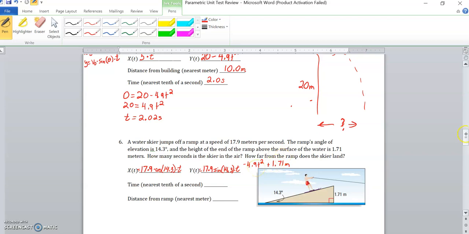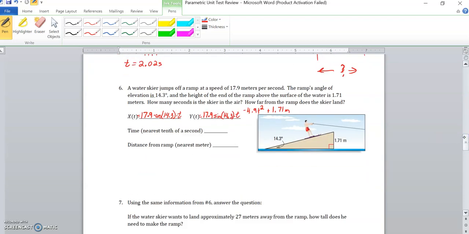But what I would say is, when you have a problem like that, where if you plug in 0 for y and you still have too many variables, we're just going to use the graph. Use the graph to find where y equals 0.